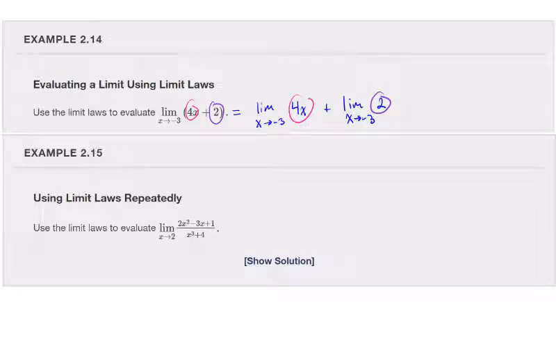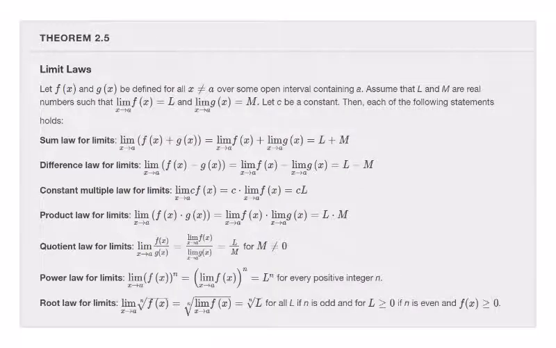And so what I'm going to do is I see that I'm multiplying by a constant here in front. So I'm going to bring that constant out into the front of the limit, just like we can see here for this one. If we have a constant here, then we can bring that out to the front, and we can just take the limit of the function itself.